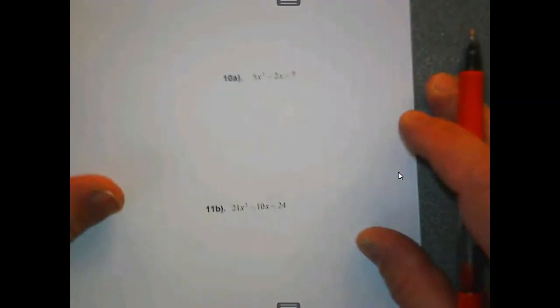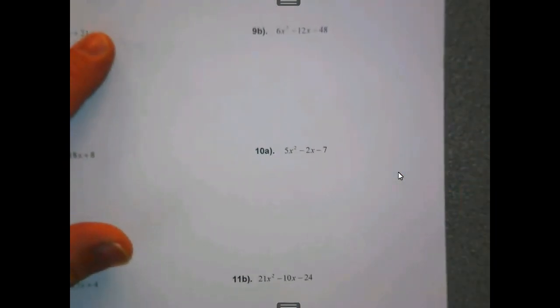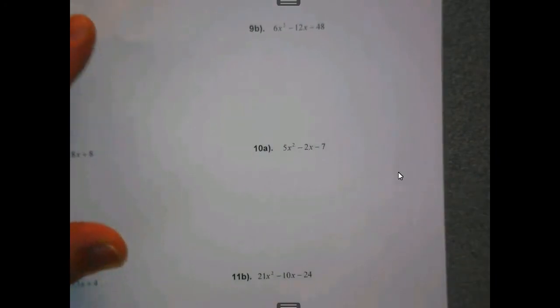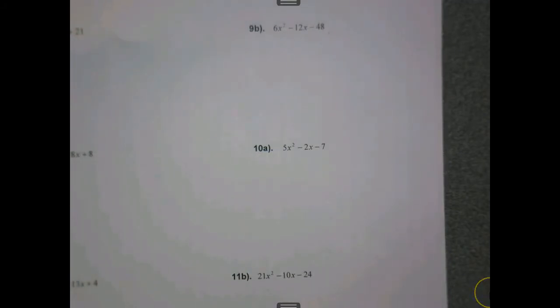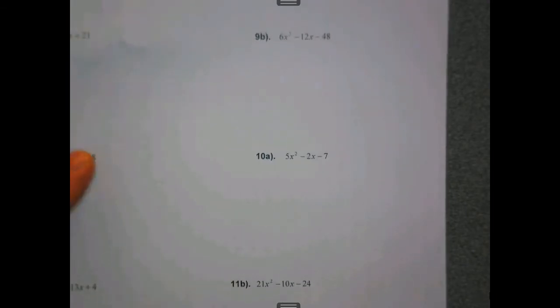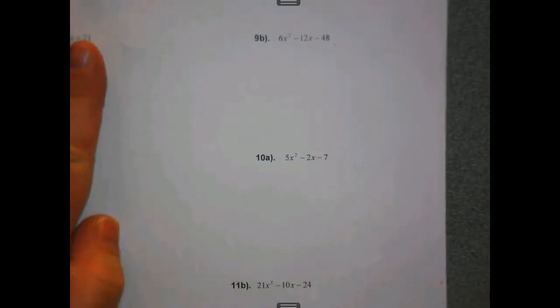Nine B. Let's see, can I factor out any common terms? Step 1, can I factor out any common terms? Anyone? No? Can I factor out any common terms? 9B, doing the B's.